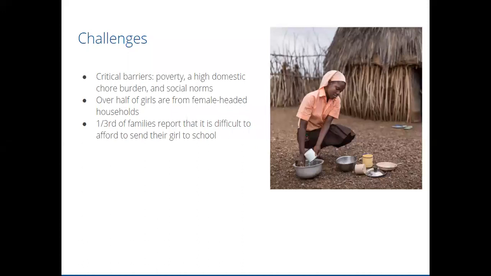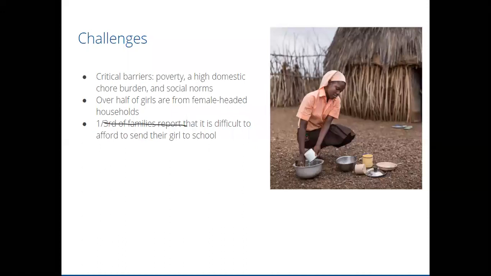Obviously this impacts their attendance. It also impacts their ability to do schoolwork and therefore to stay up to speed with their classmates. And then social norms, of course, another critical barrier that intersects with all of these other barriers in important ways. So the social norms around who is responsible for domestic chores put the onus on girls. And then social norms related to early and forced marriage, for example.